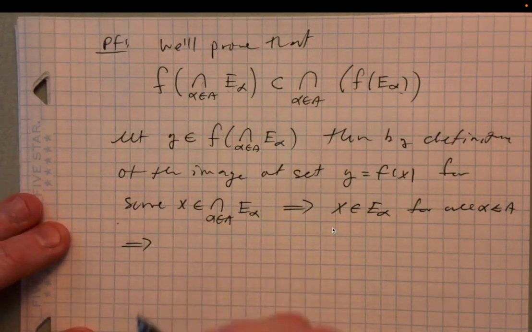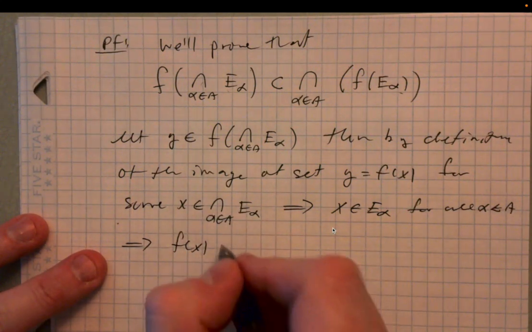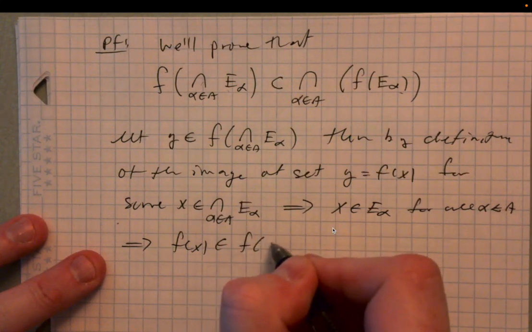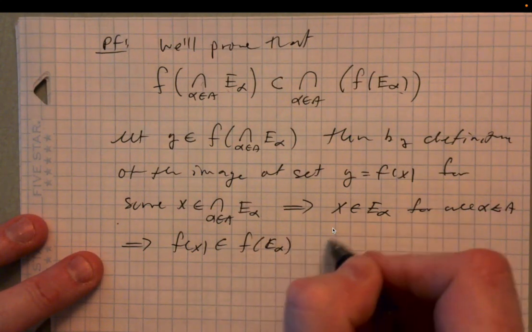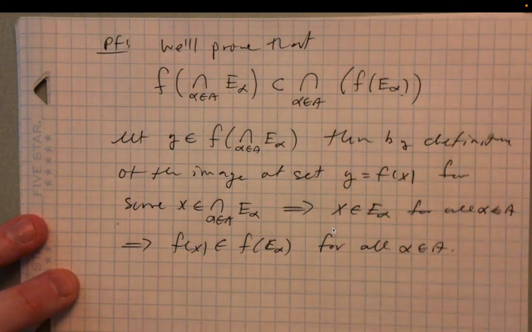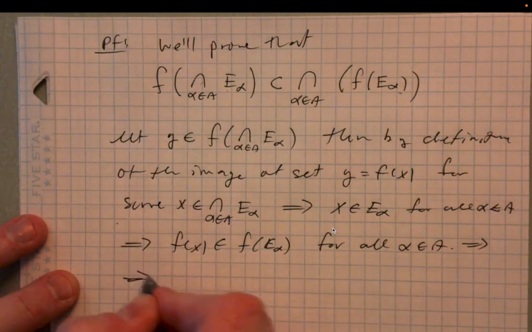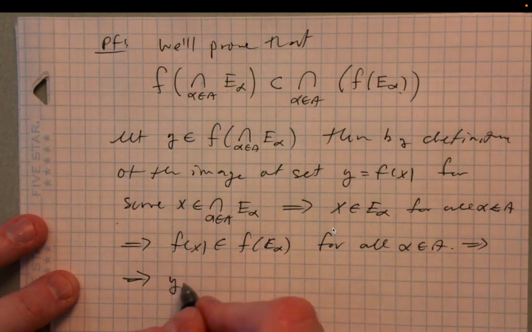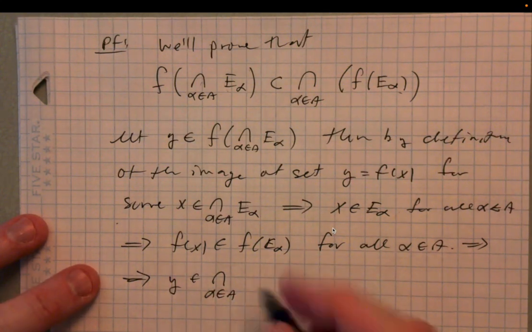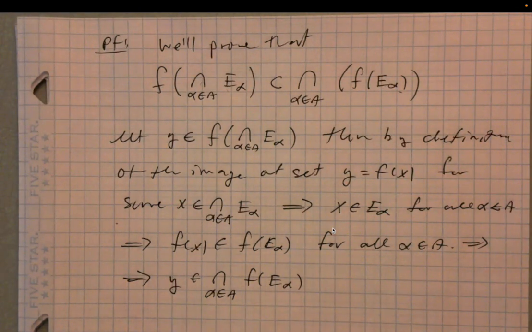And this is going to imply then that f of x is in f of E sub alpha for all alpha in A, right? And that implies then that y is in the intersection over alpha in A of f of E sub alpha.